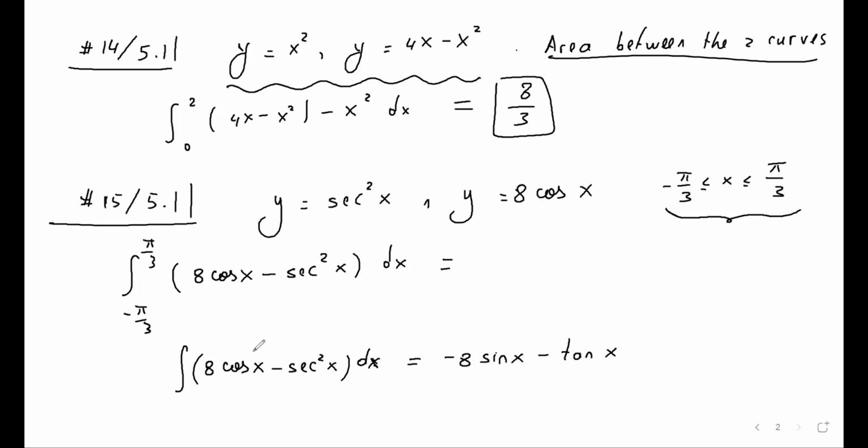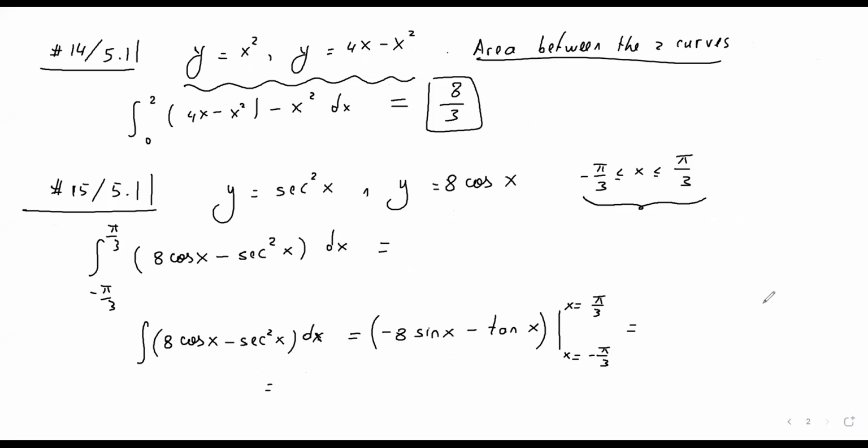Yeah, so for cosine is negative sine, for secant squared is tangent. This is going to go from x equals negative pi over 3 to x equals pi over 3, which gives us negative 8 sine x minus tangent x.